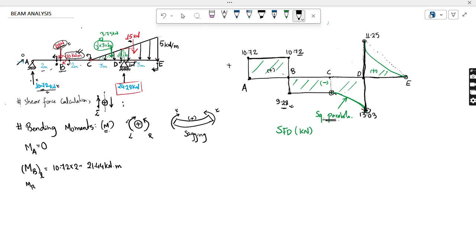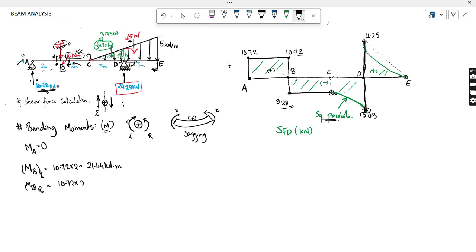Very good. Now towards the right, MB right. I am now at this point, looking towards the left. How many forces will give me a moment? One, the same 10.72 kilonewton force will produce a moment at this point, and it is the same as above.